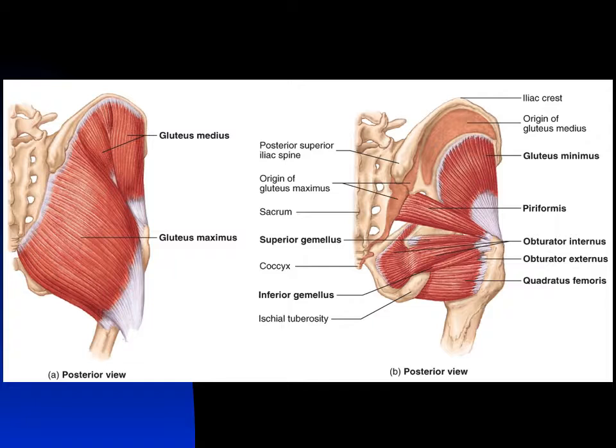These have attachments on the pelvis and sacrum and are attaching to the femur on the greater trochanter and lesser trochanter, and they're going to extend the hip. This is like when we're standing up from a seated position.